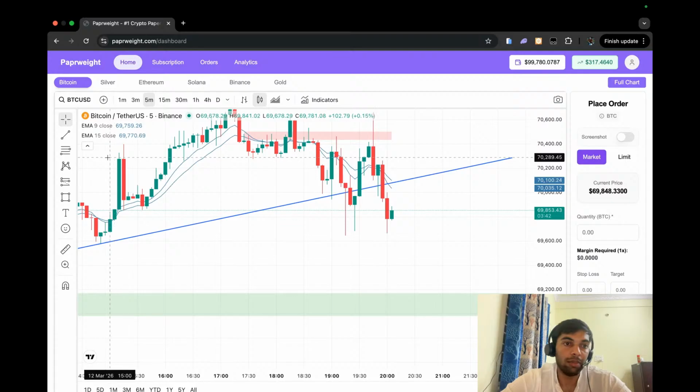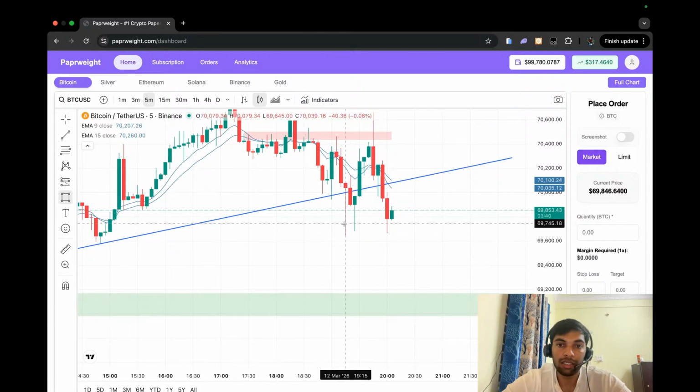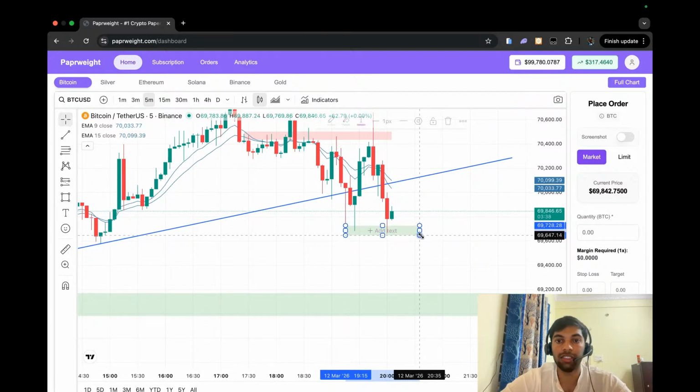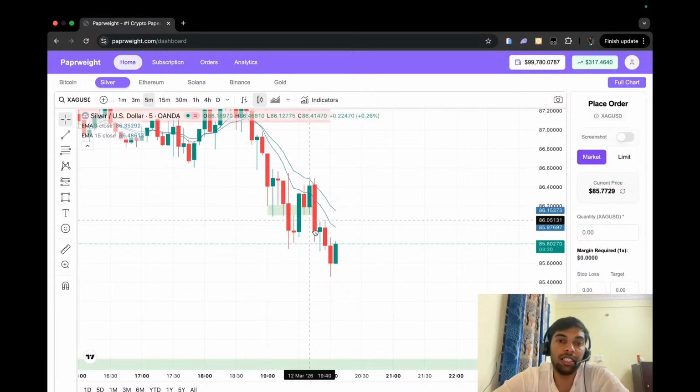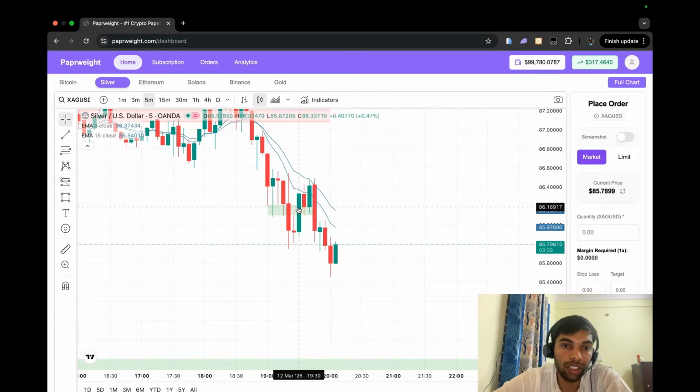In Bitcoin as well, Bitcoin is struggling at this area. So if this area's breakout is confirmed, then we will jump in. But in silver, it is quite obvious because we are quite bearish in silver. But as soon as we became bearish, market took us out in the stop loss.